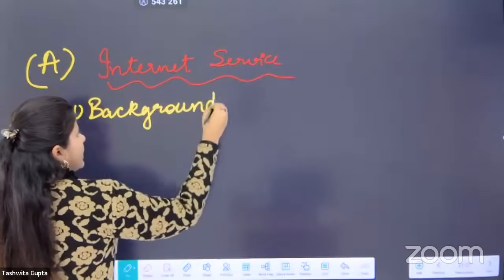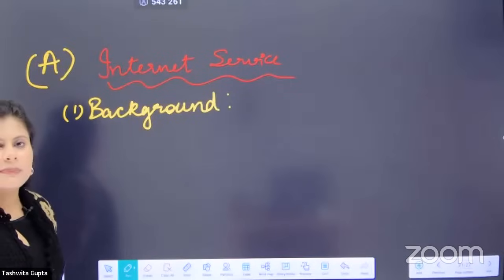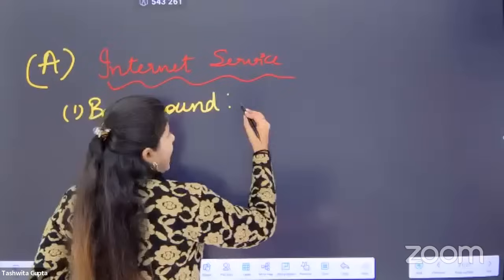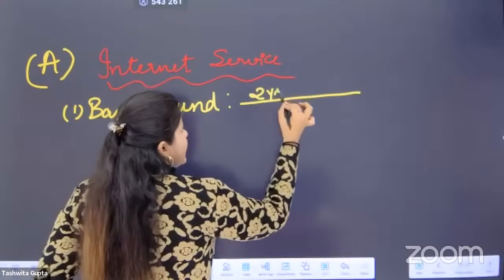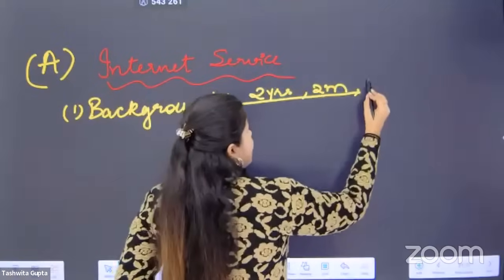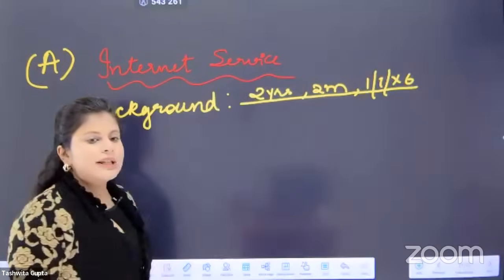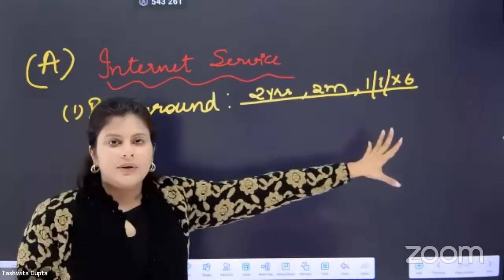You can copy and paste from the case study itself. It's allowed in ACCA, especially at professional level. So you can just write the line from the case study which says that it will happen for 2 years, the transaction price is 2 million, and we have received this money on 1st January. So these are the 3 points I must cover in my background.